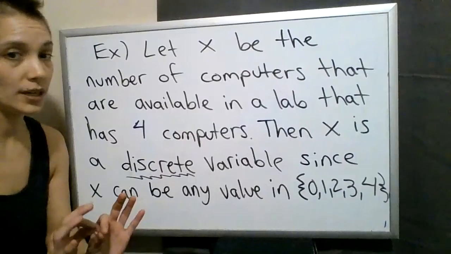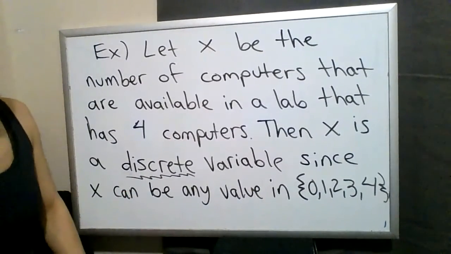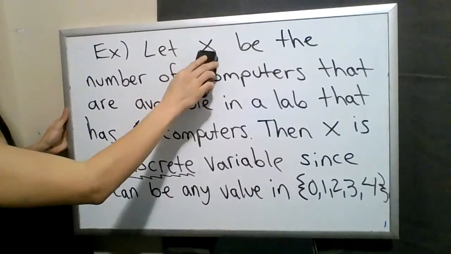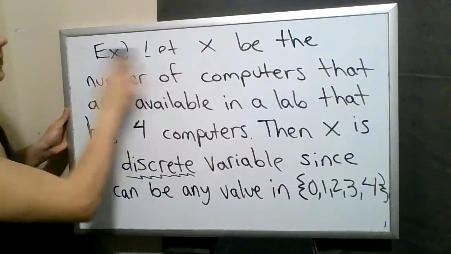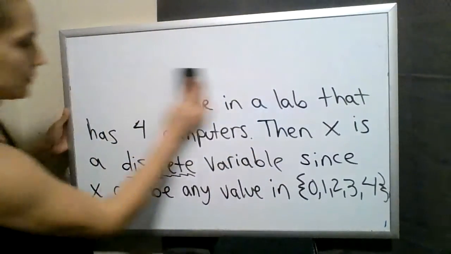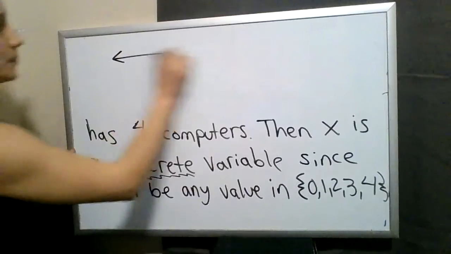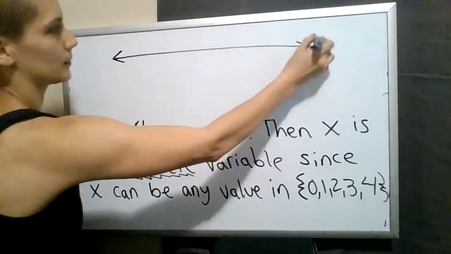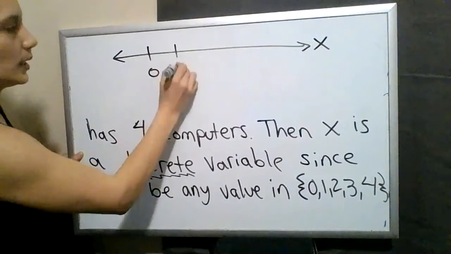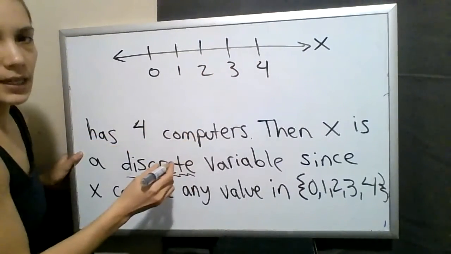And again, I want to draw a little sketch for the graph. So it's a number line, and then on that, we're going to plot values of x. 0, 1, 2, 3, 4.